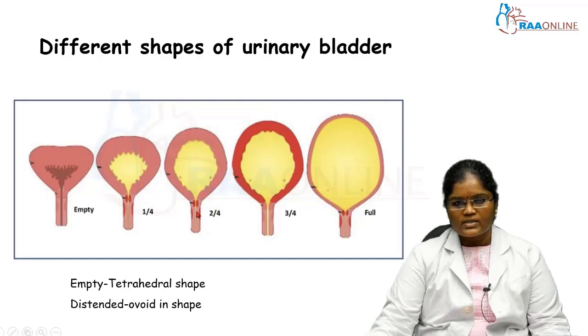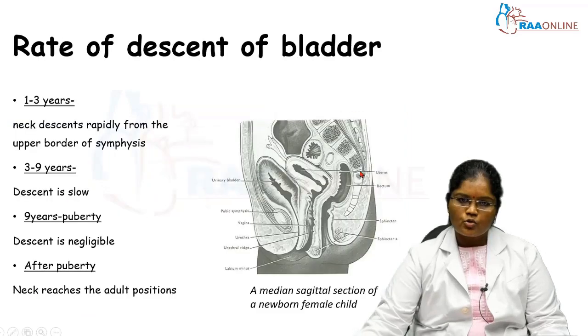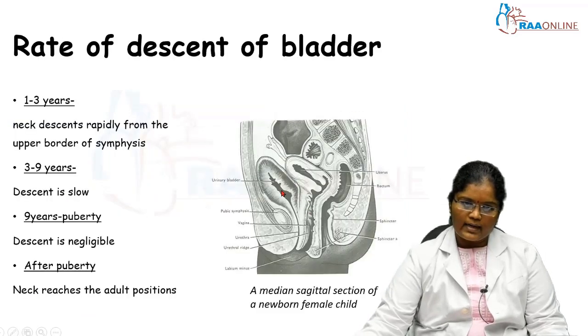When the volume is increased to two fourths of the capacity of the bladder, this is the fully distended bladder. You can see the ovoid shape. So when it is empty, it is tetrahedral, and when fully distended, it is ovoid in shape.